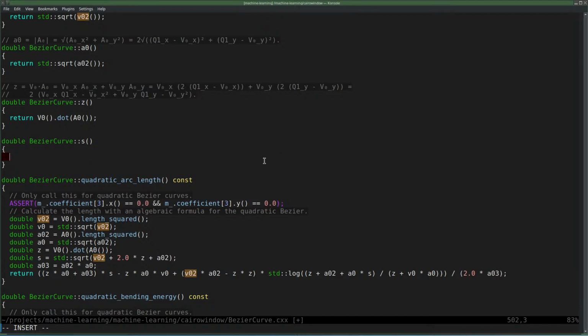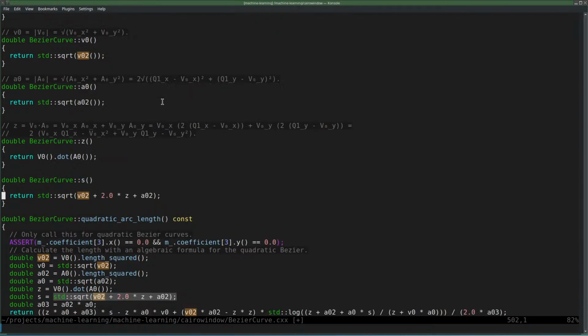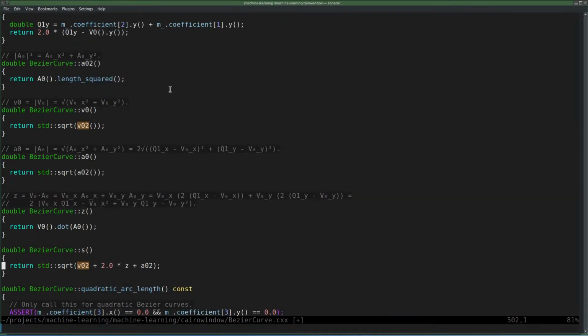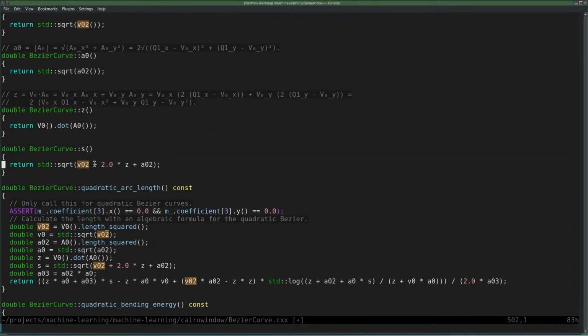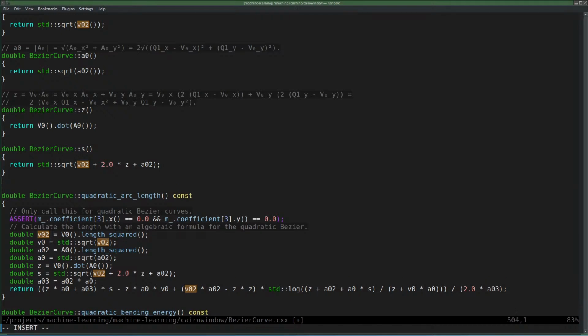What is S? S is the square root of something. Can't make anything better of that than this. Well, I have A02 defined. All these functions exist. So I should be happy with that, taking the square root of it.